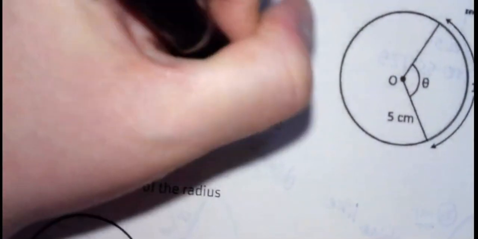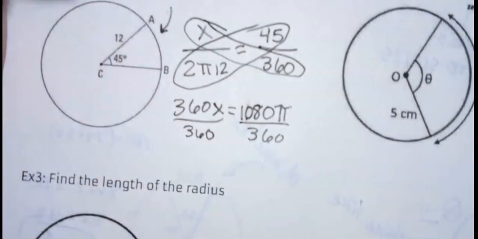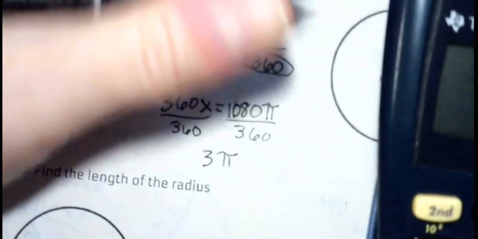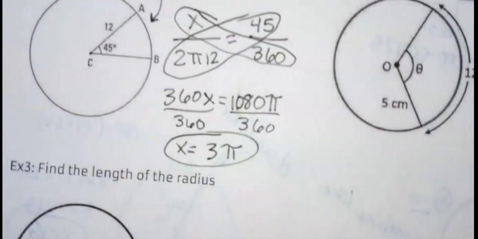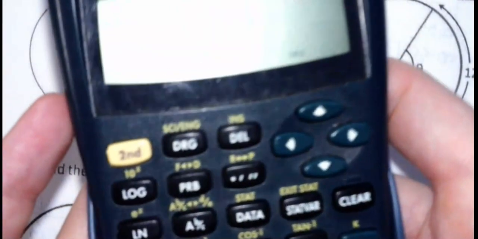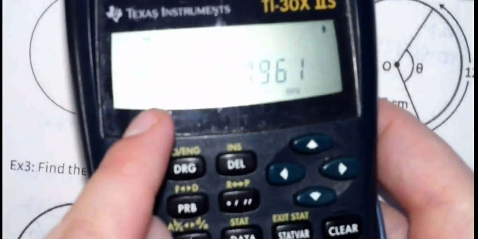All right, and then we're just going to solve for x. So divide by 360. It ends up equaling 3 pi, or it just depends on whether it asks for it in terms of pi, or to the nearest decimal. If it does, you would obviously just multiply 3 times pi and get 9.4.